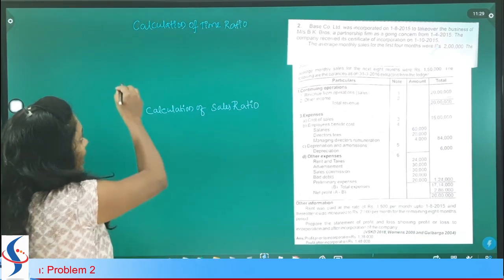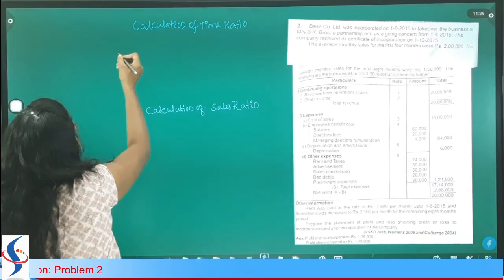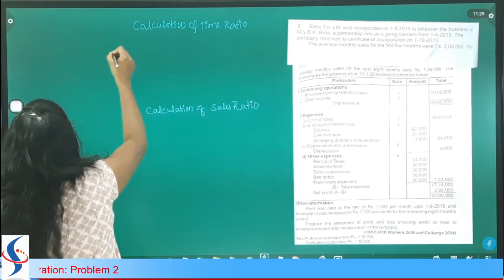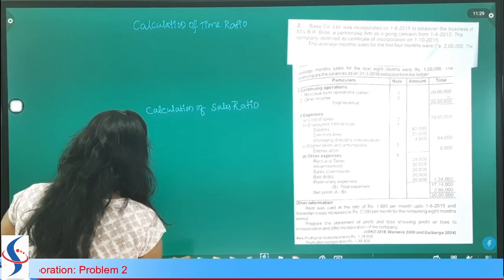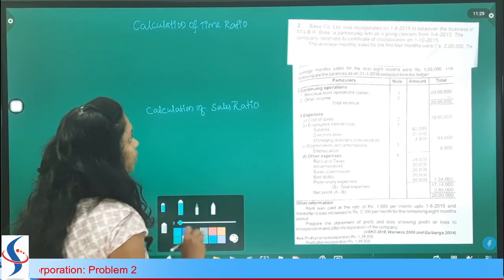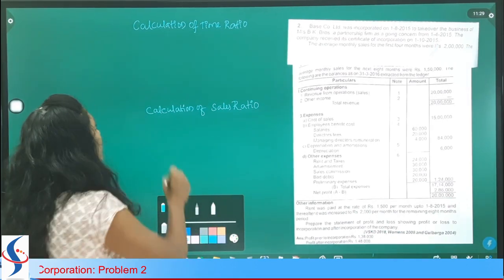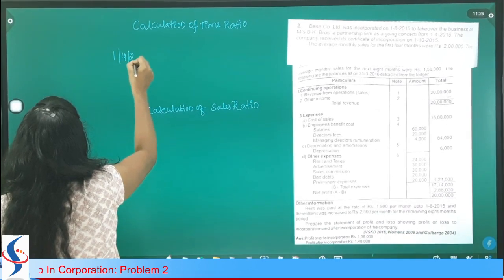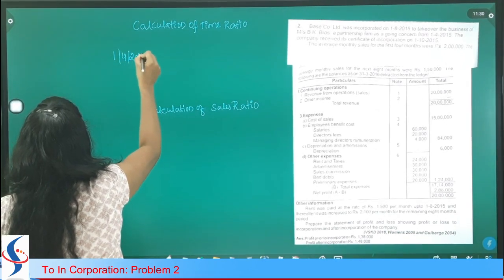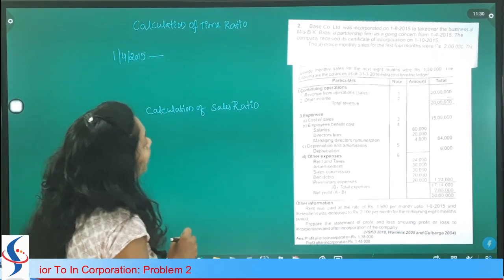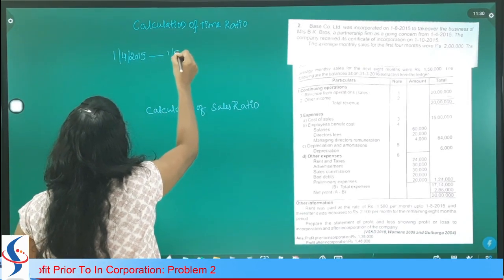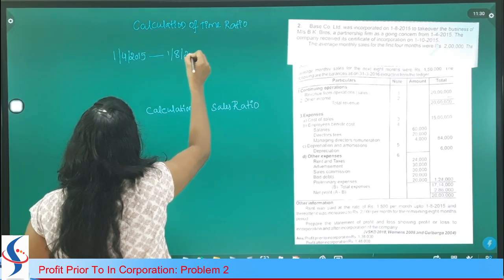So I'll write down the dates. The first date we need to consider to calculate a time ratio is the opening date, or we call it the purchasing date. I mean the date when the company has been acquired, that is 1st April 2015. And when did they incorporate their business? 1st August 2015.